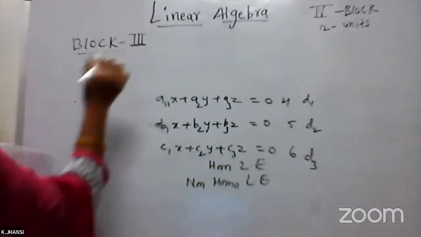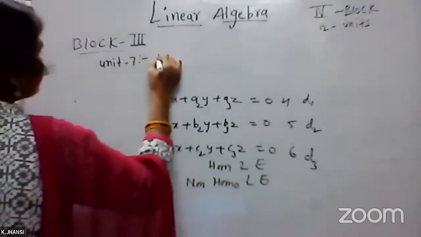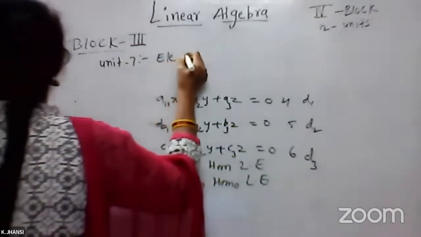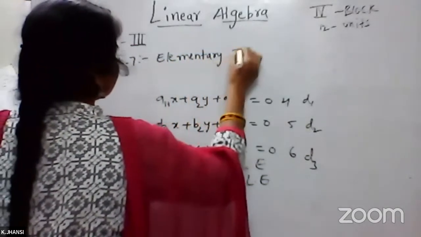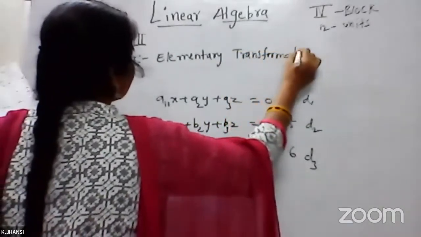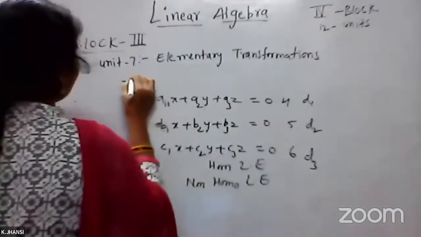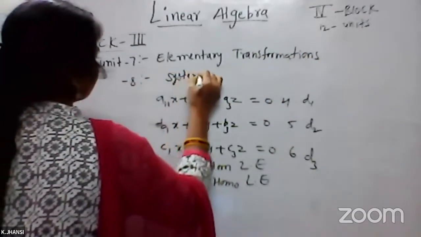So block 3 is in that. Unit 7 is elementary transformations. Unit 8 is system of linear equations.